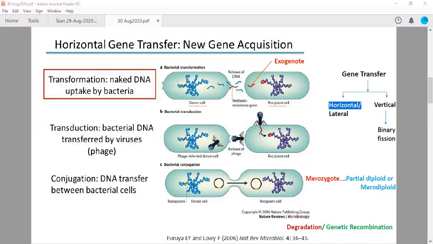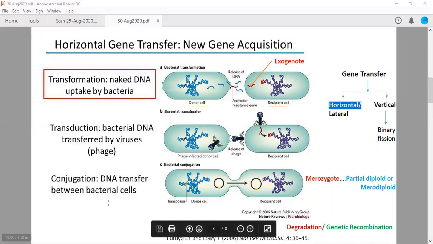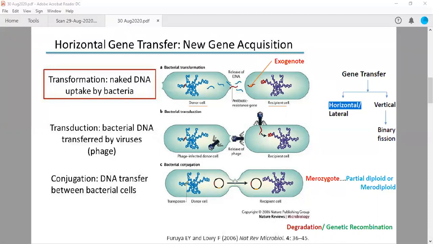Then there is a third process which does not require bacteriophages, and there is no direct uptake of DNA from the environment. This is called conjugation. Conjugation is the DNA transfer between bacterial cells with the help of a tube called a pilus. This pilus is formed because this particular bacterial cell, which is a donor cell, has the F plasmid, F for fertility plasmid.